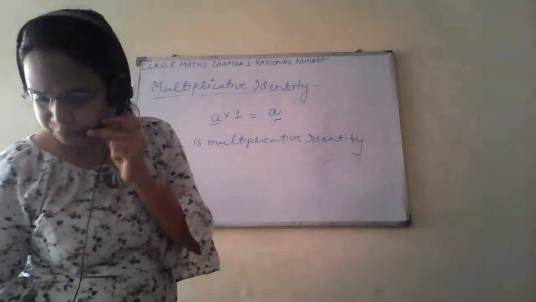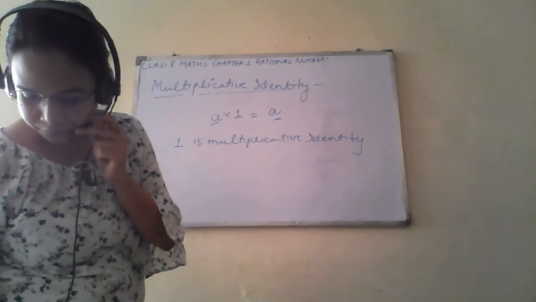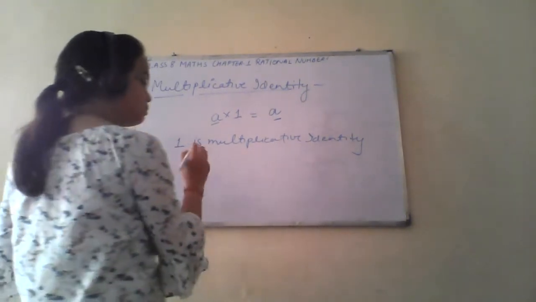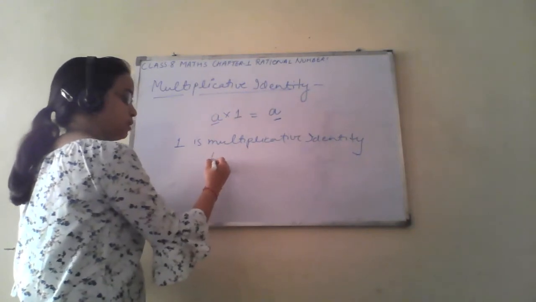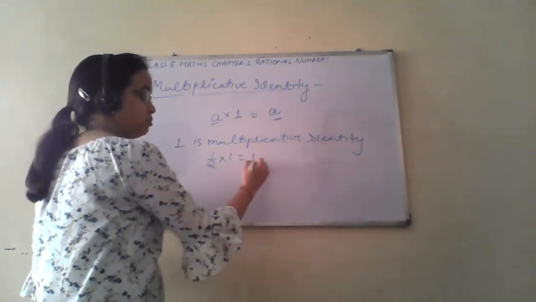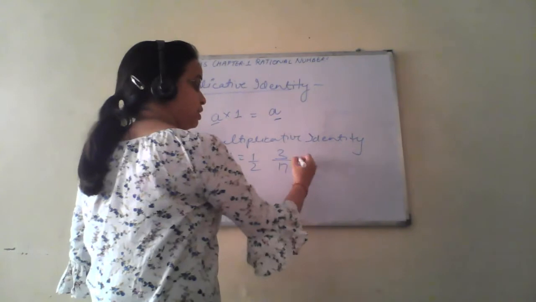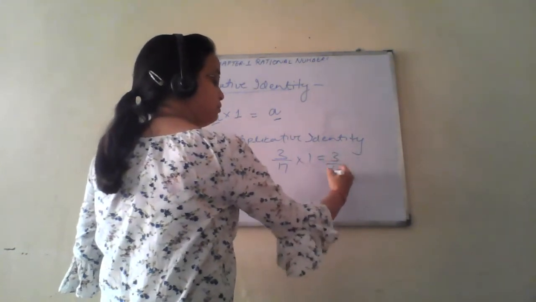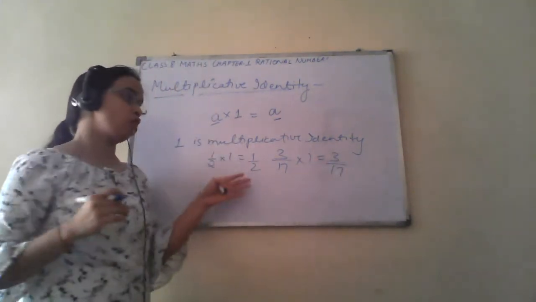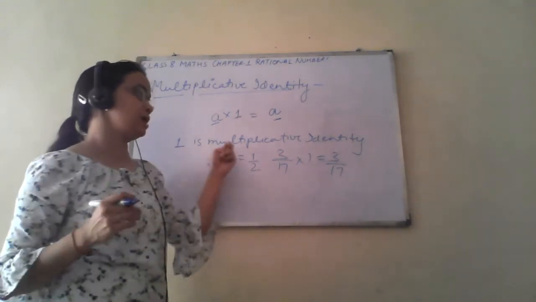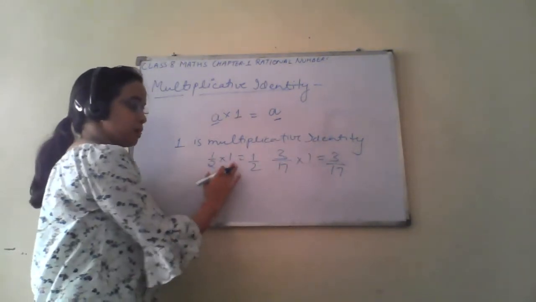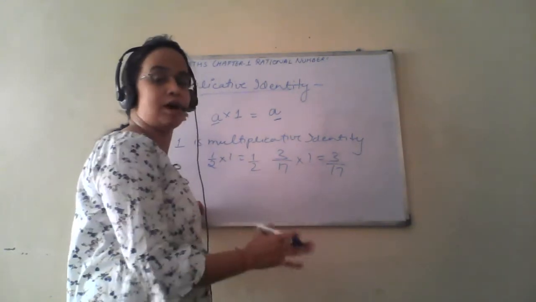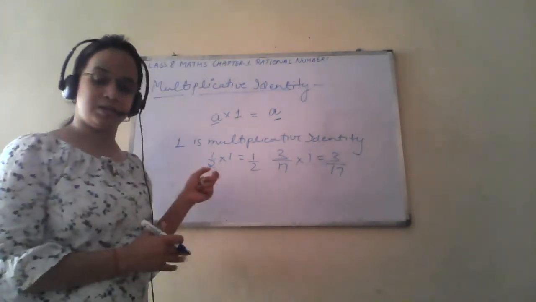Now, for rational numbers, it is okay. A rational number includes 1 by 2. If we multiply by 1, the answer will be 1 by 2. For 3 by 17, if we multiply by 1, the answer will be 3 by 17. So for all rational numbers, 1 is the multiplicative identity, which means if we multiply any rational number by 1, the answer will remain the same.